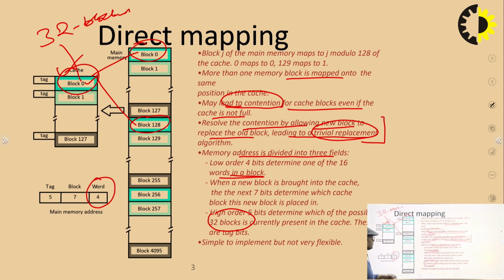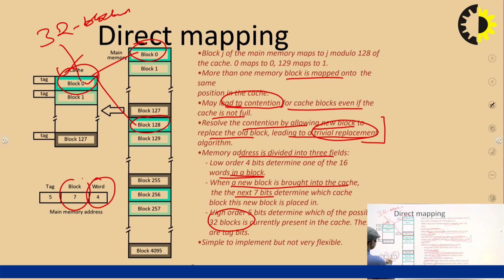So, whenever a new block is brought into cache, where will it go? We already know that a modulo operation is there. So, the next 7 bits give the address where the particular block will go. So, 2 raised to 7 is equal to 128, fine.